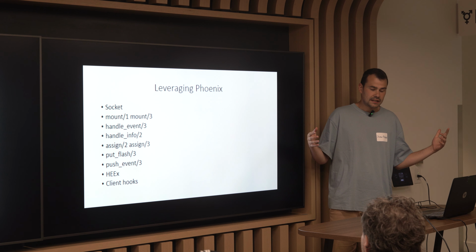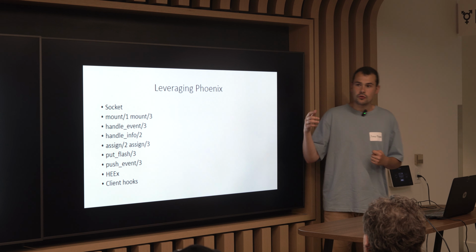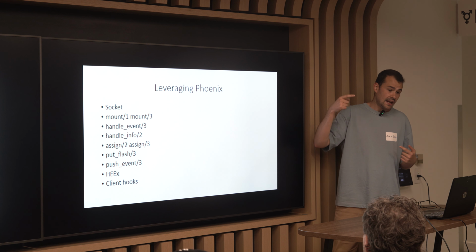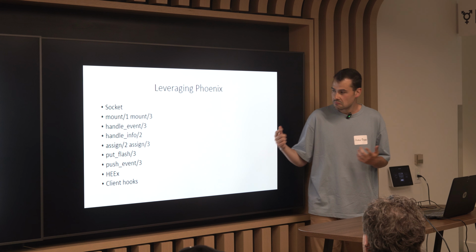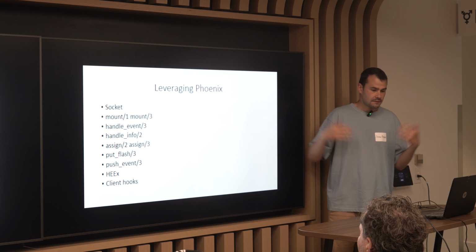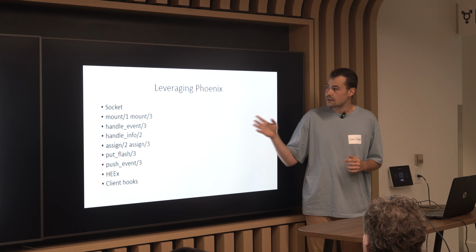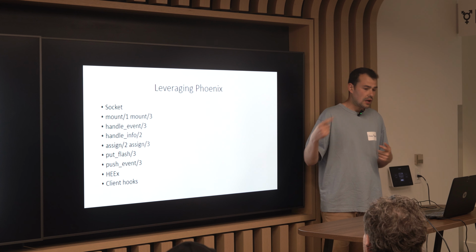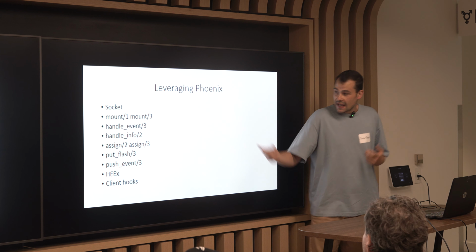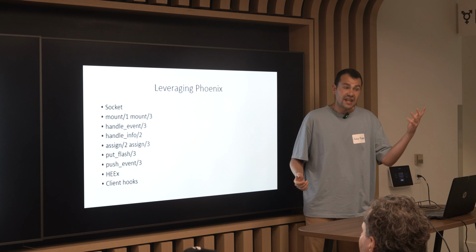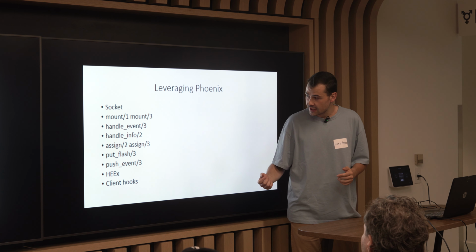Phoenix helped me using, for example, handle_event. That is a function that, when an event happens in the front end, triggers logic in the backend, so it's quite useful. Handle_info is another function that I use with Phoenix to launch my own backend logic. Assign_async changes the state of the variables inside of the socket.